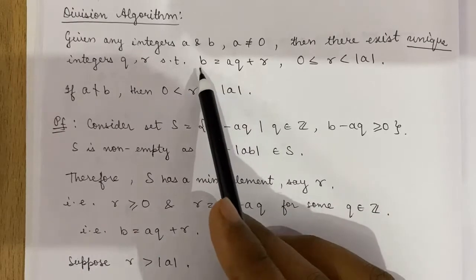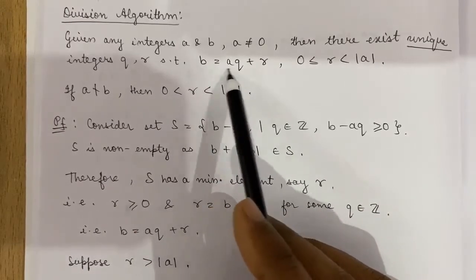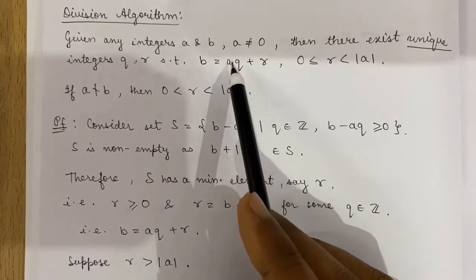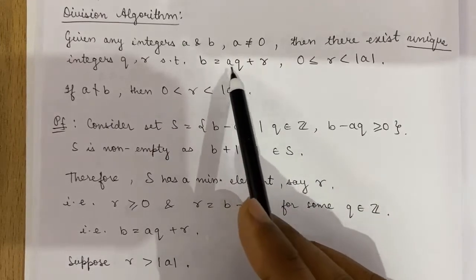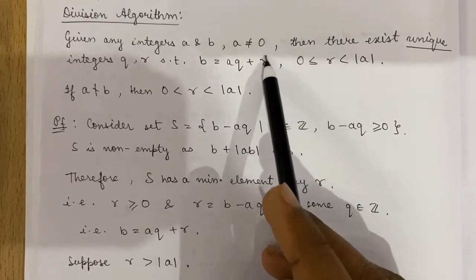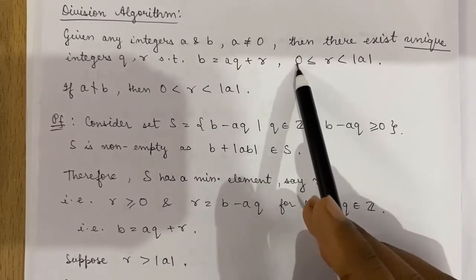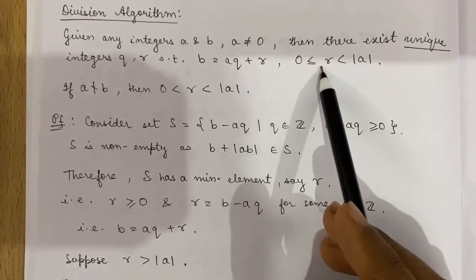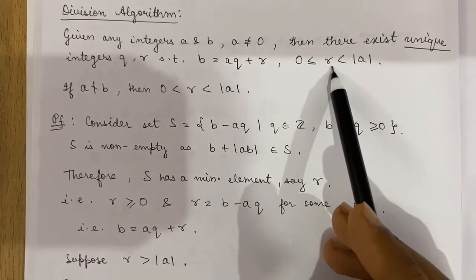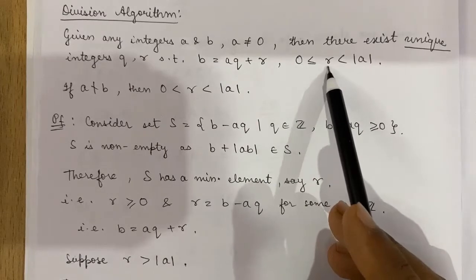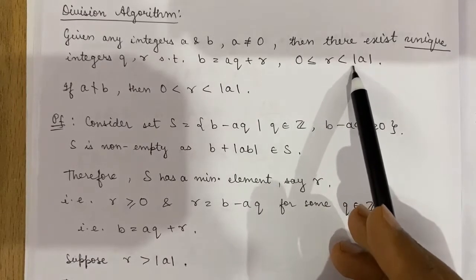So what this says is, if we divide one number by another number, this divisor should be not equal to 0, a not equal to 0, then we would get some quotient and some remainder, and this remainder will be greater than or equal to 0. The remainder could also be 0, and the remainder is less than the absolute value of a.